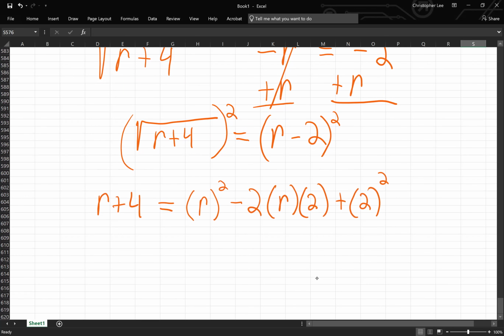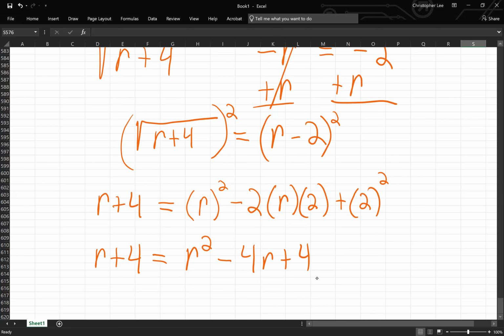I'm using the pattern right here, right? But if you want to FOIL it, go ahead, you'll get the same answer. I'm just feeling comfortable using this, all right? So this is r squared minus 4r plus 4.